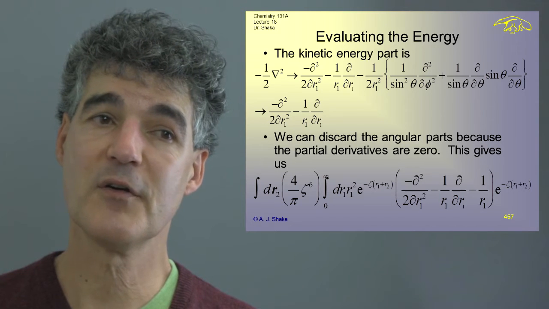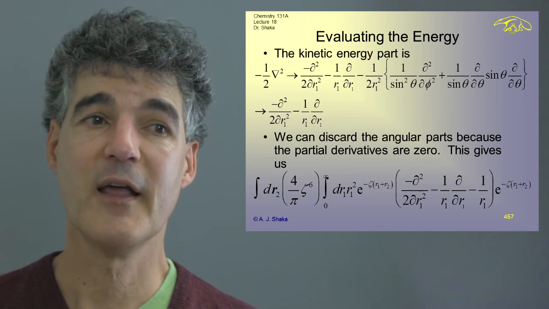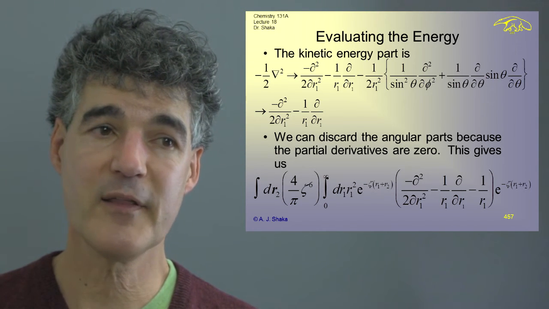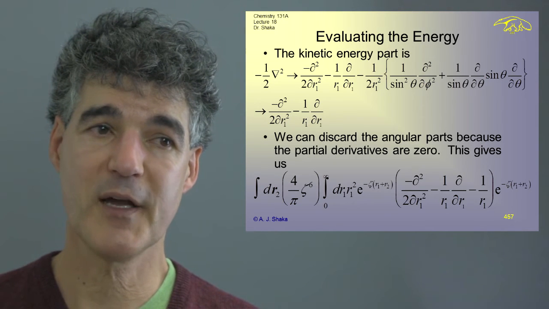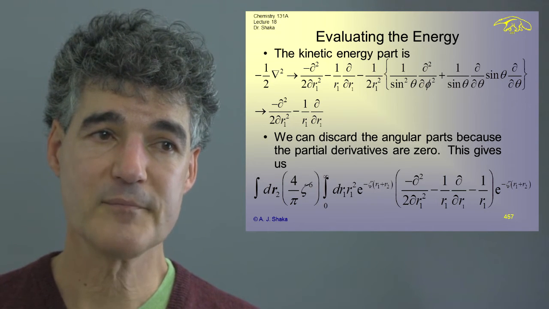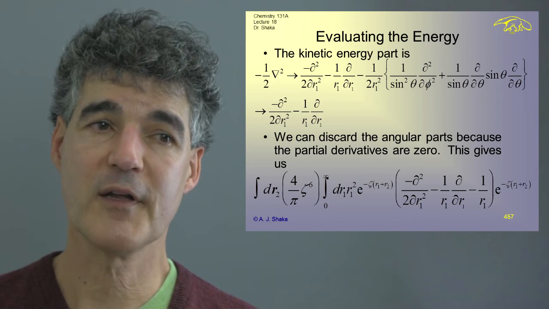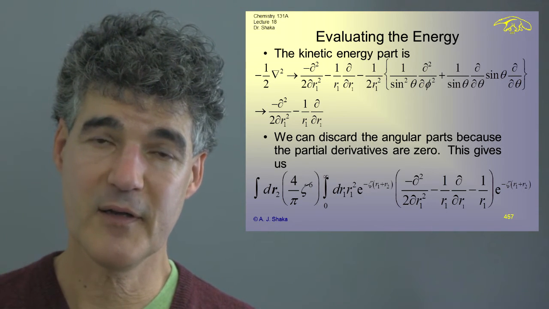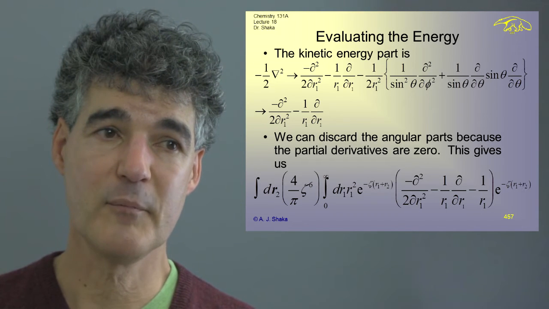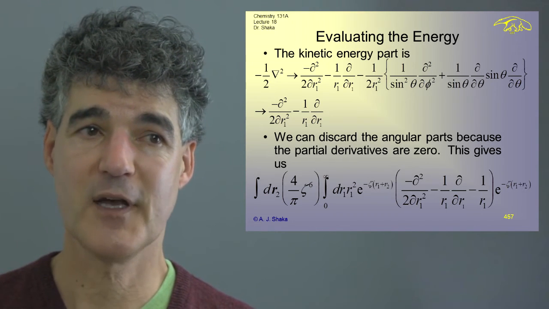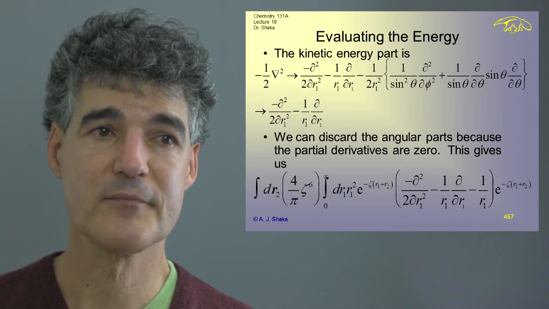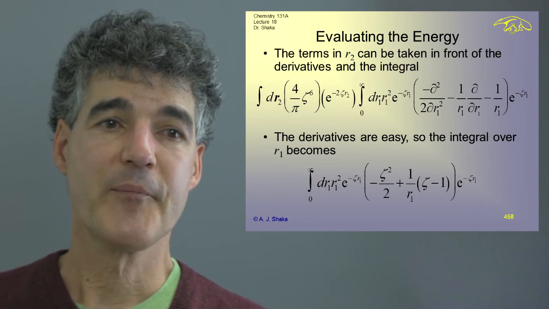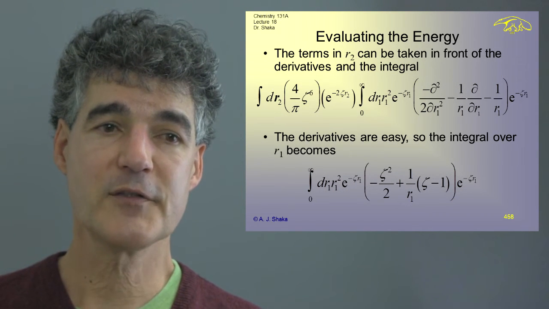and the wave function has no dependence on phi or theta, and therefore the part that I end up with is the second derivative with respect to r1 squared minus 1 over r1 times the first derivative with respect to r1, and I have to keep in mind the factor of minus 1/2, which I've included there. Therefore, here's what we've got.